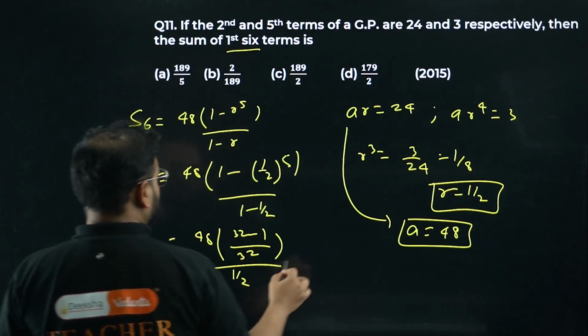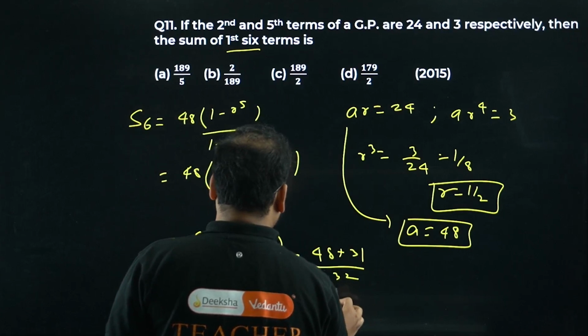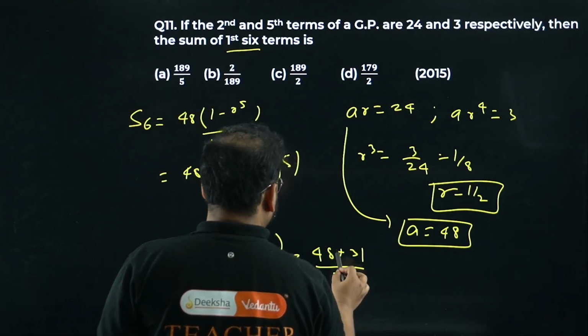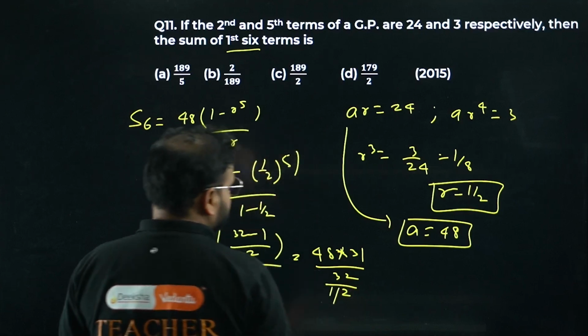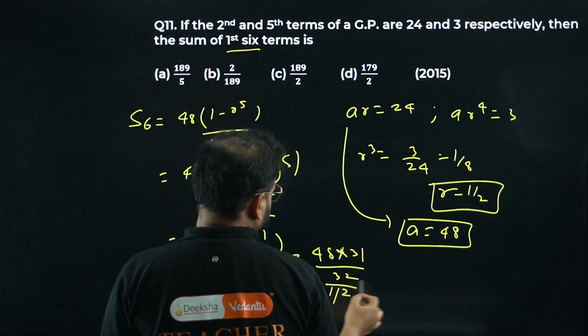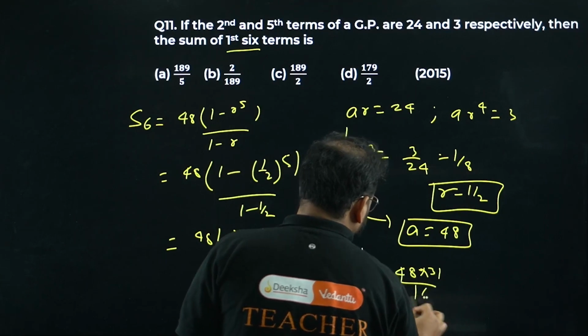So I get 48 into 31 by 32, and divided by 1 by 2. So I get this as 48 into 31 by 16.